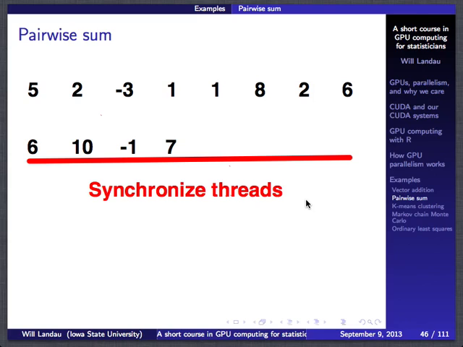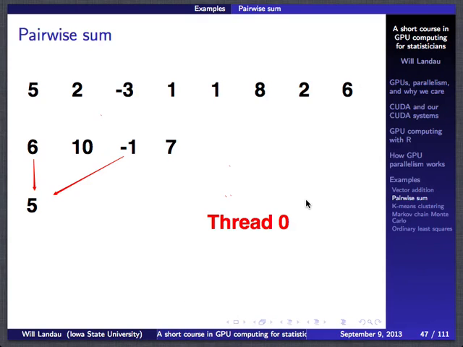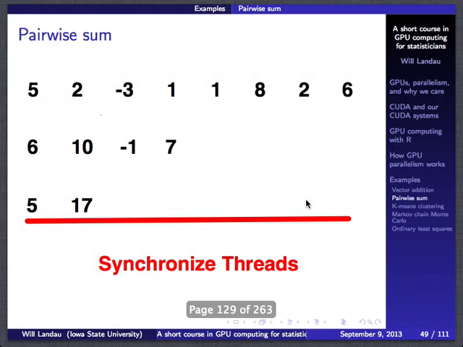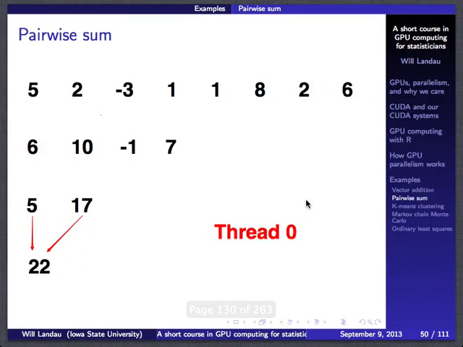But since I have one block, I can synchronize all my threads to make sure all these numbers have been calculated before I move on. And then I move on. Take this pair, sum it up. Take this pair, sum it up. Before I sum these two again, I synchronize threads again. And then I sum these last two. And that's the pairwise sum.